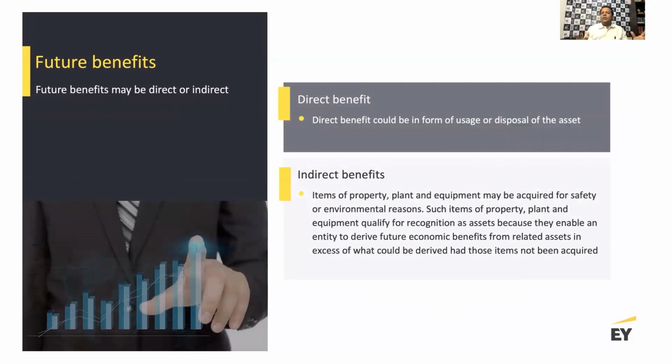Direct benefit is in the form of usage or disposal of the asset, and we talked about whether it's for production, or for administrative purposes, or for rental, etc. Now, an indirect benefit could be where items are acquired for safety or environmental reasons. They qualify for recognition as assets because they enable an entity to derive future economic benefit from related assets in excess of what could be derived had those items not been acquired.